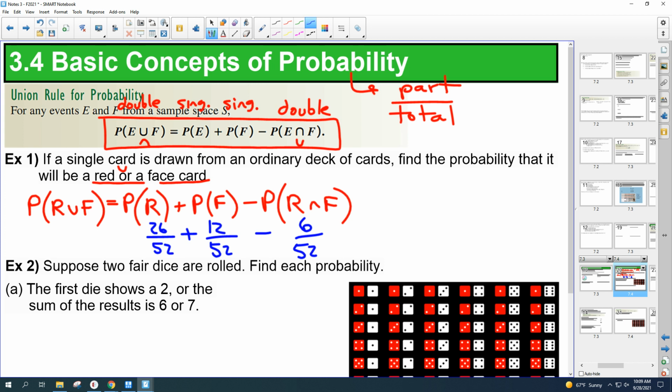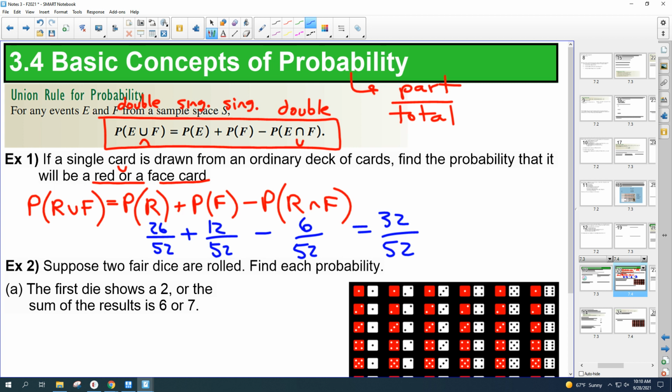And so the probability of red or a face card is going to be 26 over 52 plus 12 over 52 minus 6 over 52. 26 plus 12 is 38. Minus 6 is 32. We get 32 over 52. And that's pretty good.